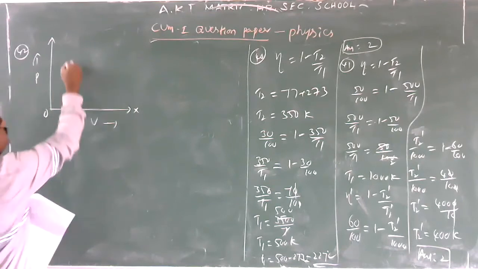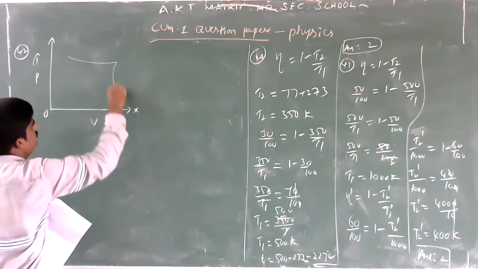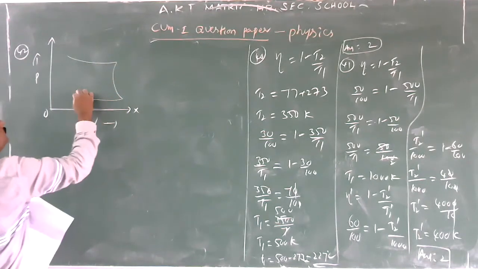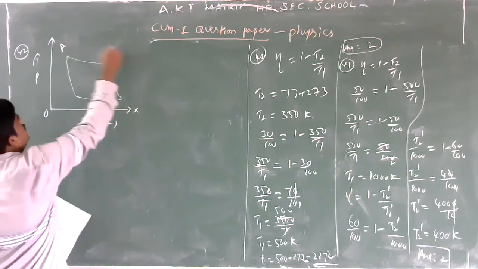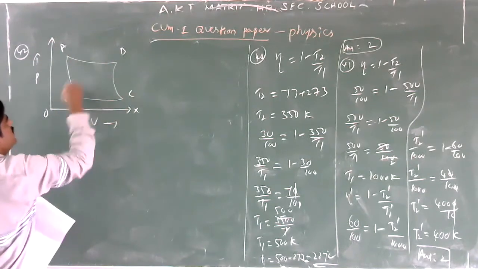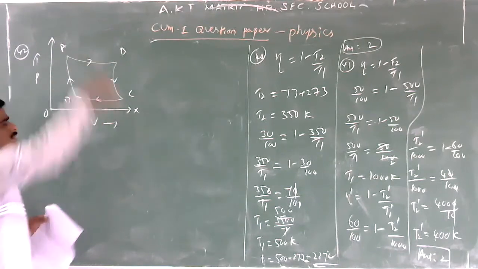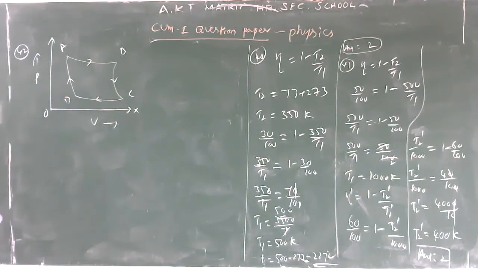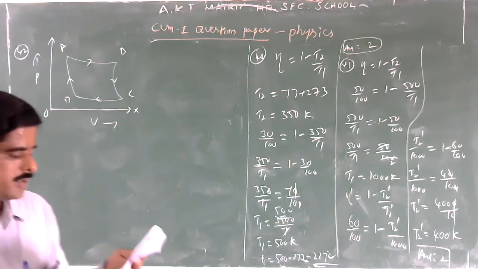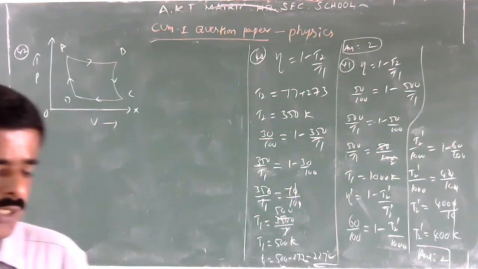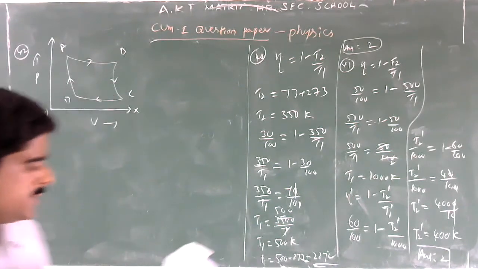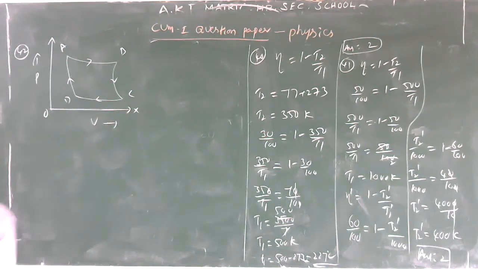This is a cyclic process with points A, B, C and D. The curve traces in the clockwise direction. Which statement is correct? The first statement: the area of ABCD is equal to the work done on the gas.